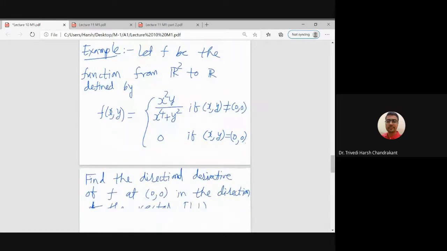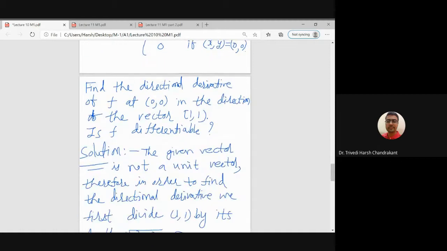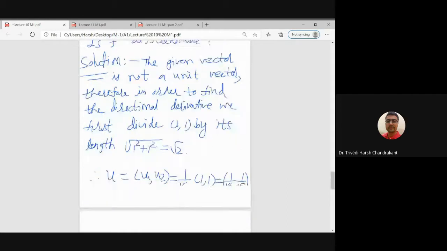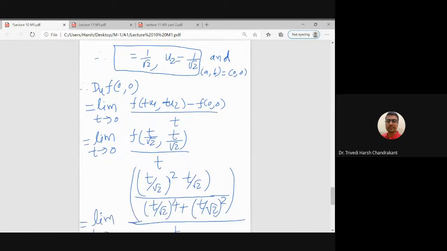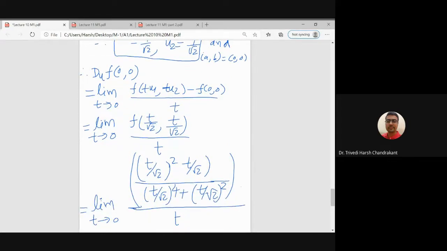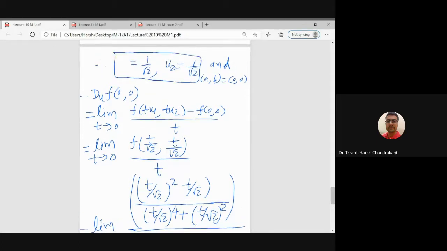One problem we started in the previous lecture is that we have a function from R2 to R, defined to be f(x,y) equals x squared y divided by x to the power 4 plus y squared, and we need to find the directional derivative of f at (0,0) in the direction of (1,1). Since (1,1) is not a unit vector, we divided it by its length, which is root 2, and then we found the directional derivative of f in the direction of u, which is (1 by root 2, 1 by root 2).